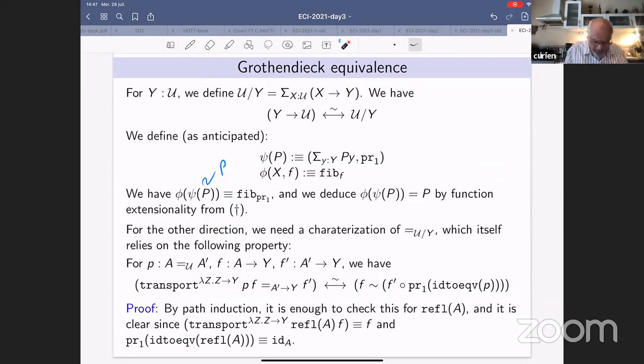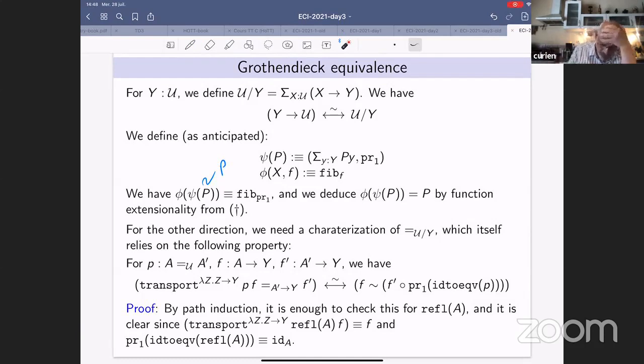How do we do it? Again, because everything here is varying, we can take p to be the reflexivity, but in case p is the reflexivity, then we know that transport does nothing. So the transport of refl A, F coincides with F, so this guy coincides with F. So here we just have F equals F prime, and here we know that id2eqv of reflexivity consists only of identity functions.